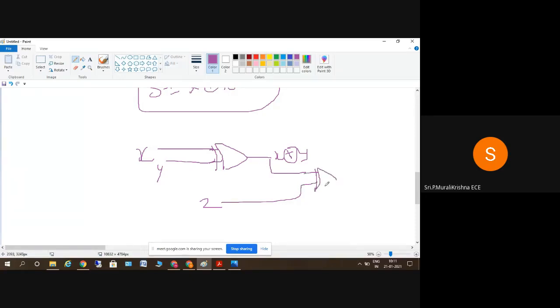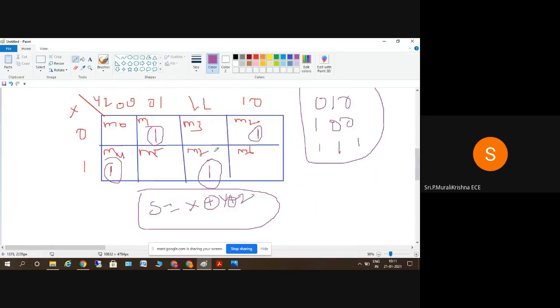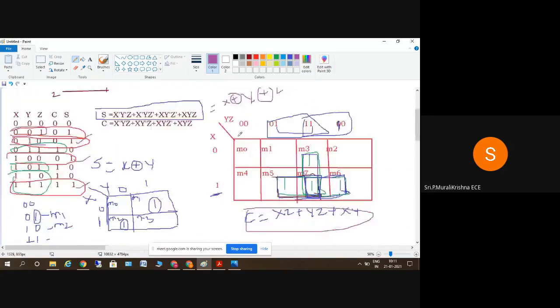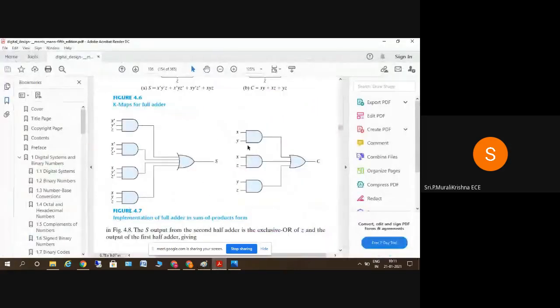Write the XOR gate symbol, and this is x exclusive OR of y exclusive OR of z. So this is the logic diagram for sum, and this is for carry. Carry can be implemented directly with this. This is the logic diagram for the carry.